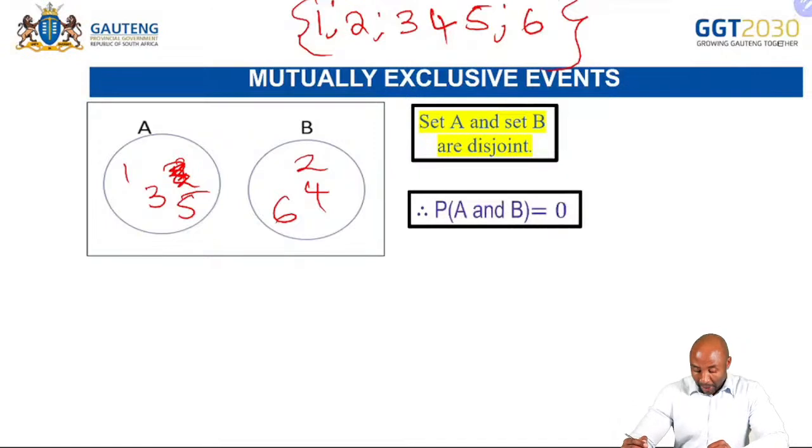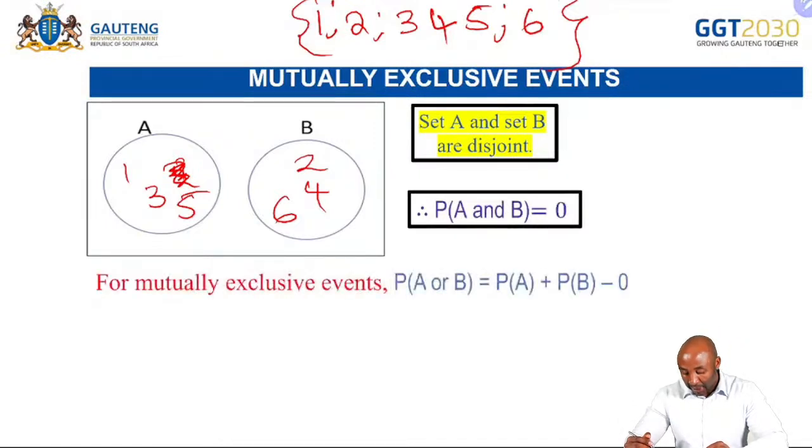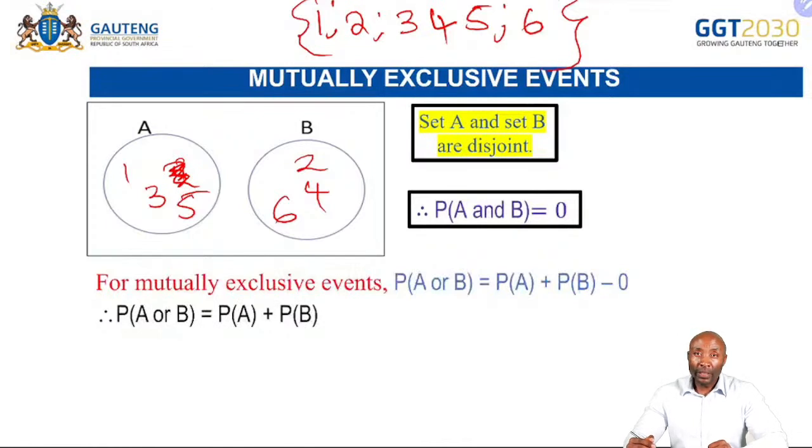And you will be able to see this in our probability identity, that the probability of A or B will be given by the probability of A plus the probability of B. Because we are subtracting 0, we will not show that 0, and hence the probability of A or B is given by the probability of A plus the probability of B for mutually exclusive events.